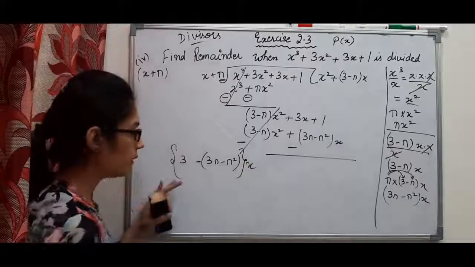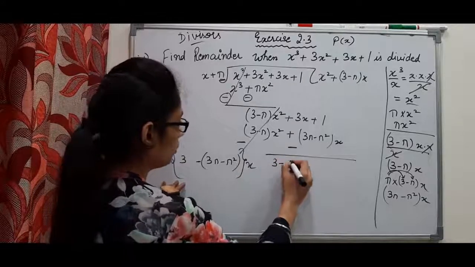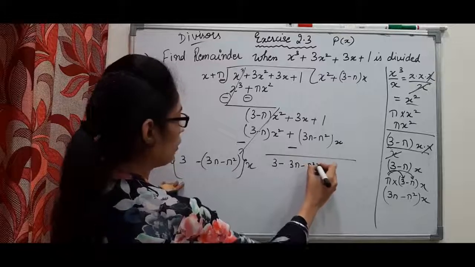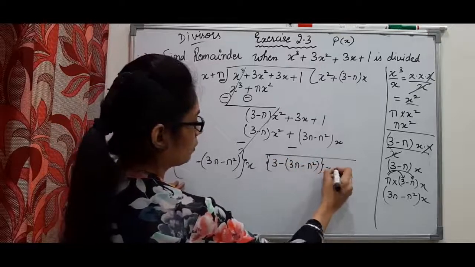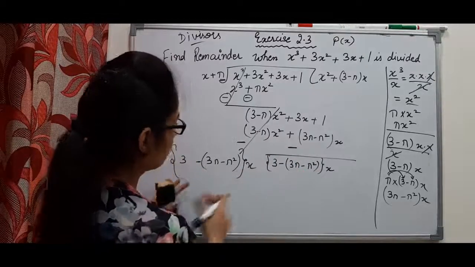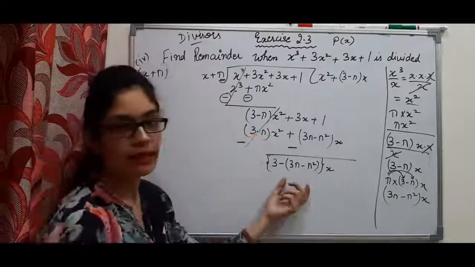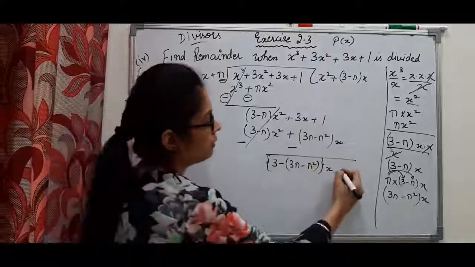Both the forms are correct. So this we can write 3 minus 3 pi minus pi square x. So this term we have to write this way, because we have already performed subtraction and we are getting this term. You just have to do subtraction. Then 1 is there, we will write 1.